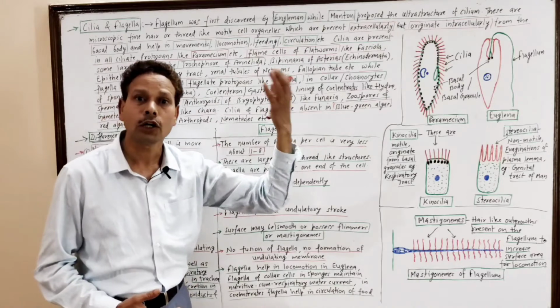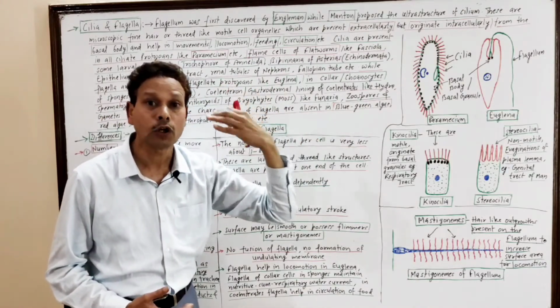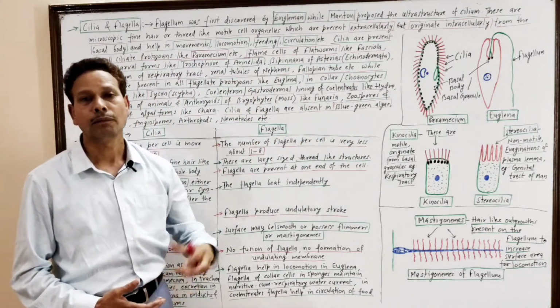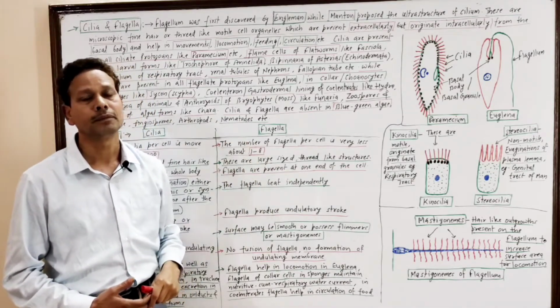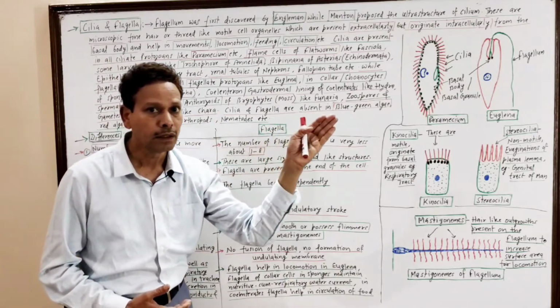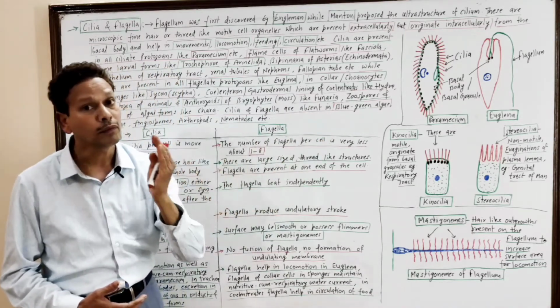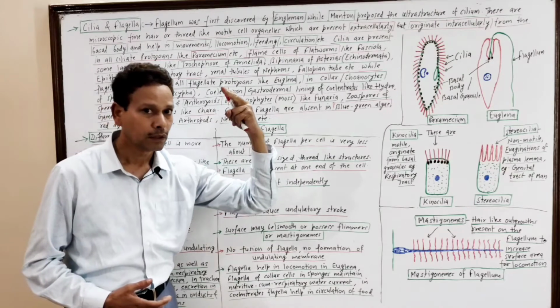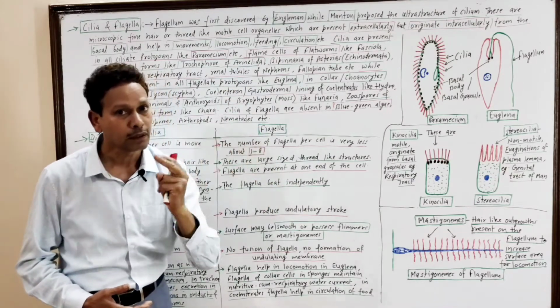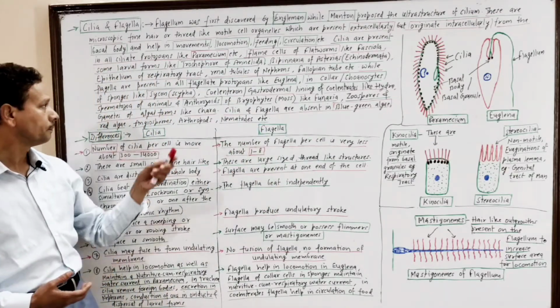In that animal, the collar cell, the flagellated cell, possesses flagella, and the movements of flagella maintain a nutritive cum respiratory water current that brings nutrients as well as oxygen.